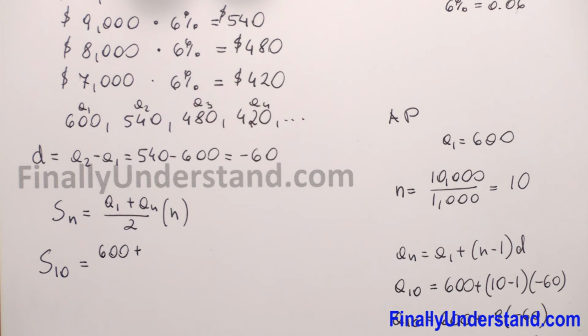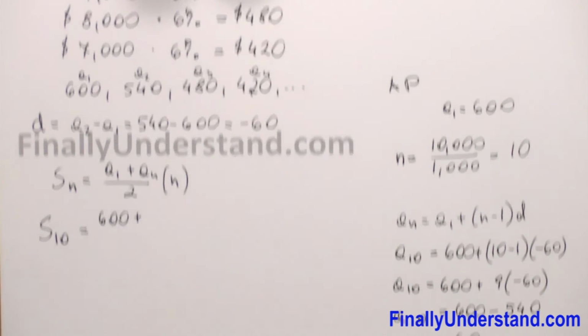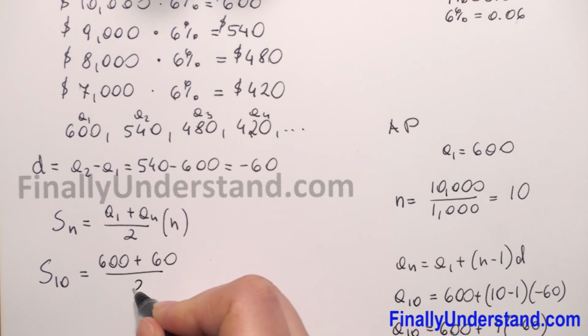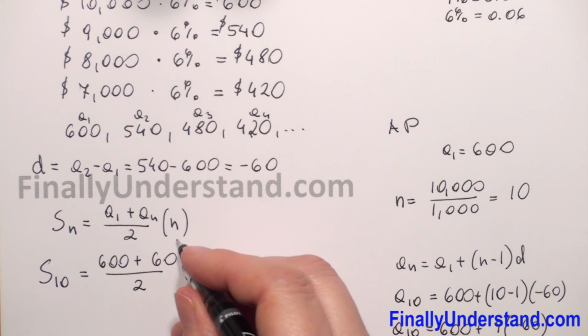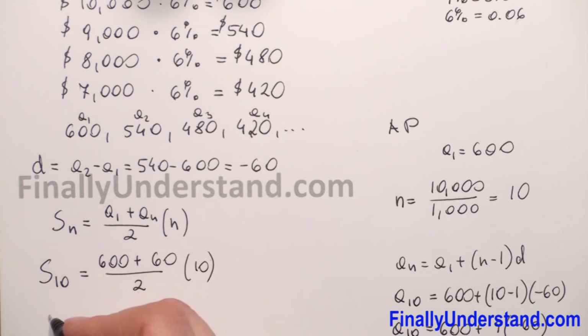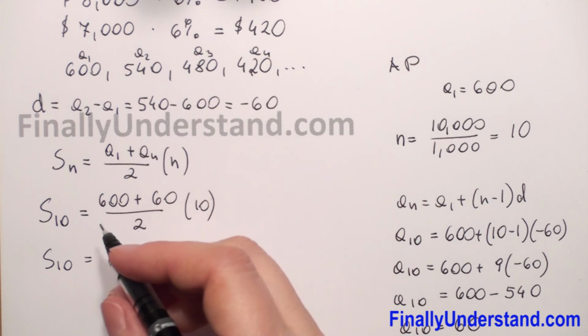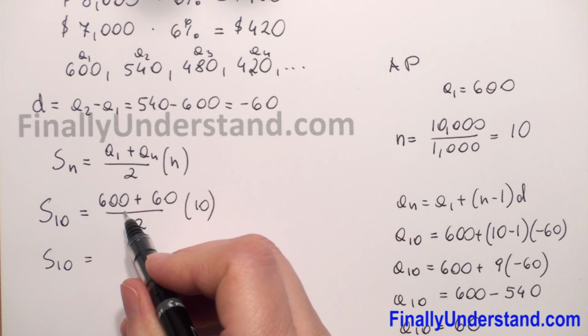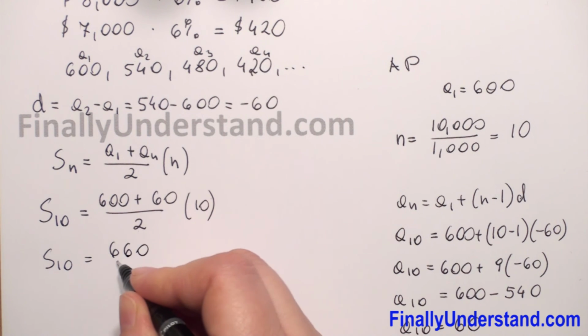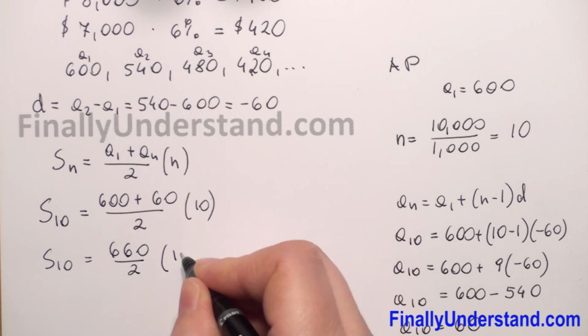The last term we calculate, this is 60. So S10 is equal 600 plus 60, so it will be 660 divided by 2 times 10.